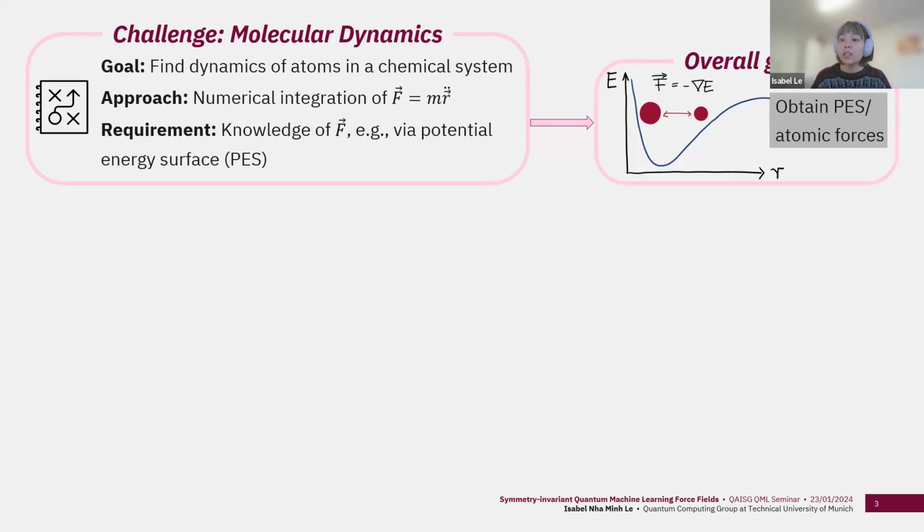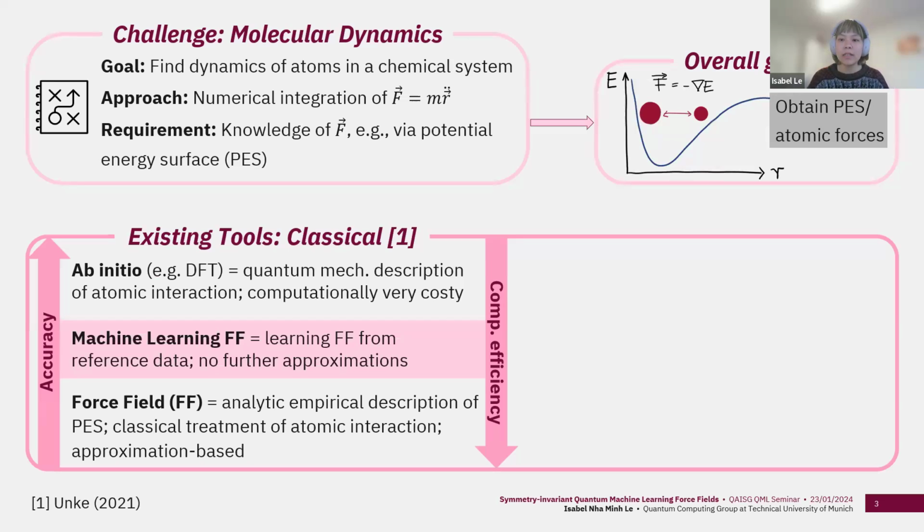Or equivalently, you would have to have access to the potential energy surface, from which we then can obtain these atomic forces. This means that the overall goal is to have some kind of model that can give us access to this potential energy surface or atomic forces. And the classical community has already some tools established for this matter.